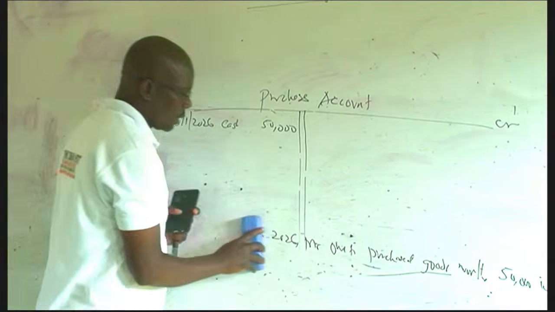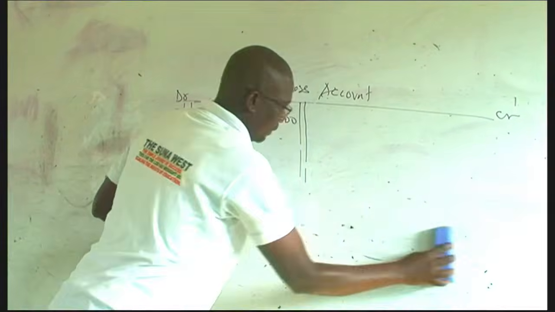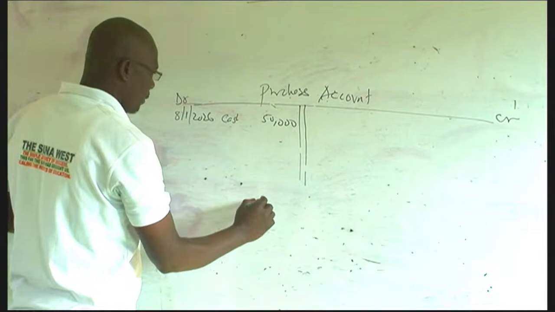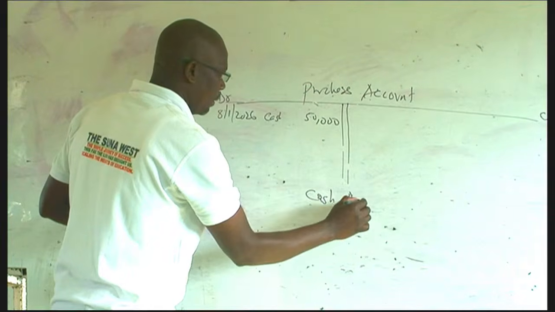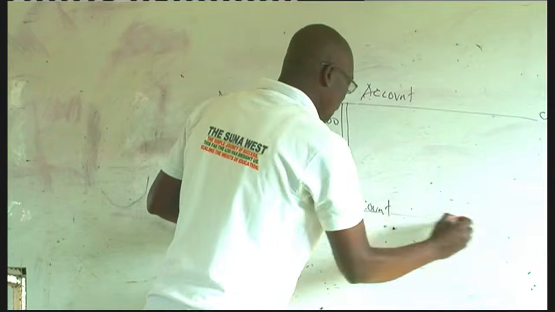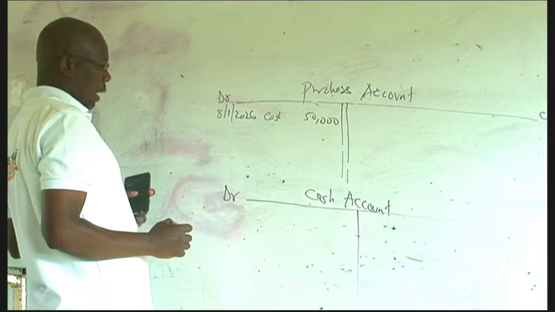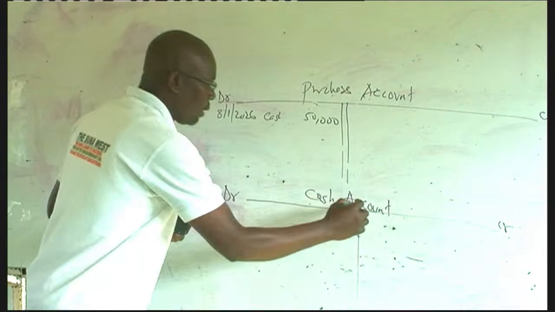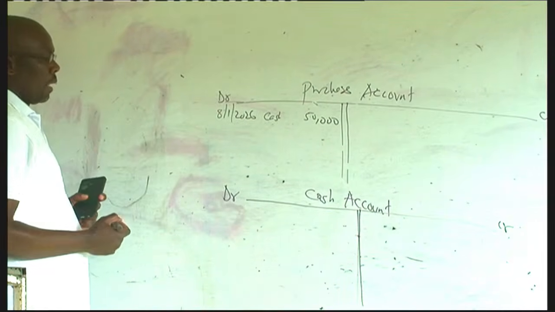Allow me now to wrap this, so that we have a cash account as well. We have our T, debit side and credit side. We separate the sides by a double stroke.